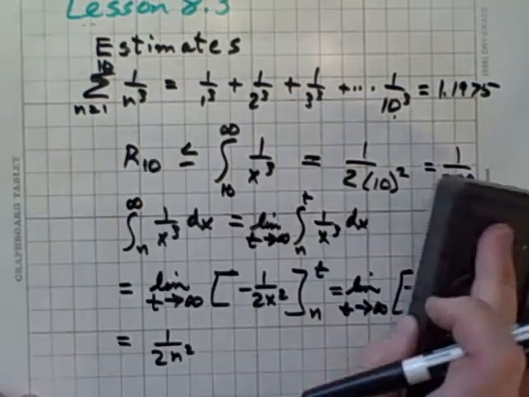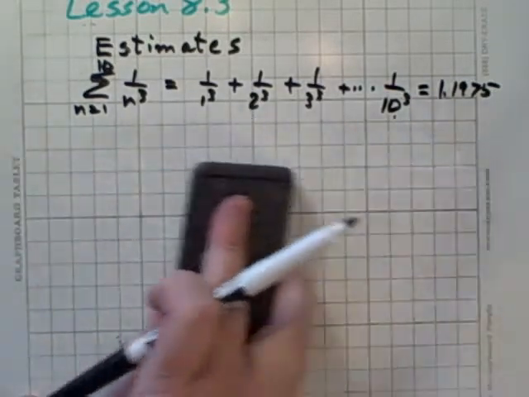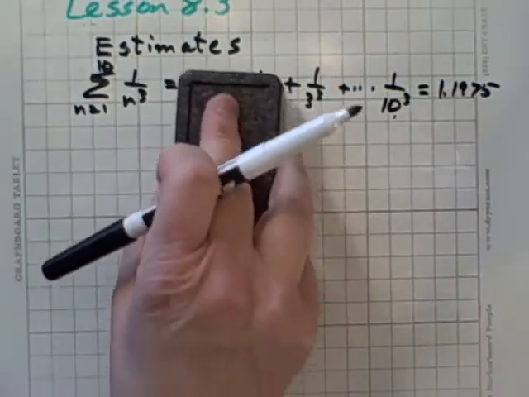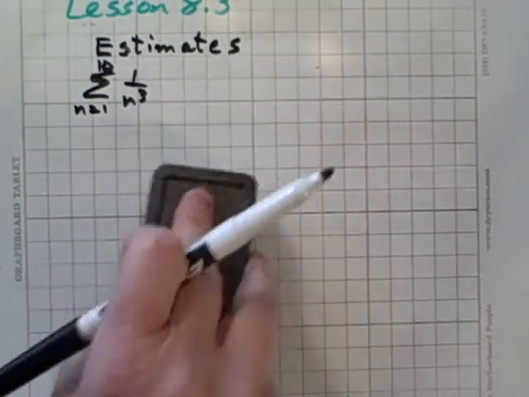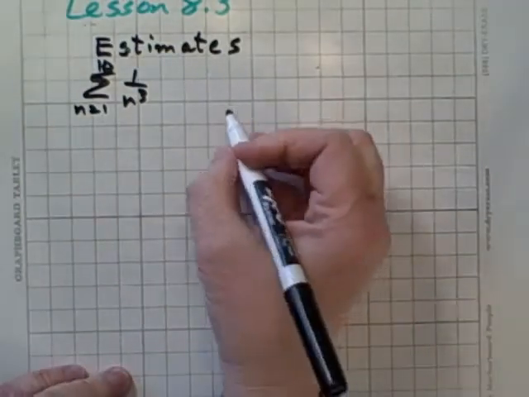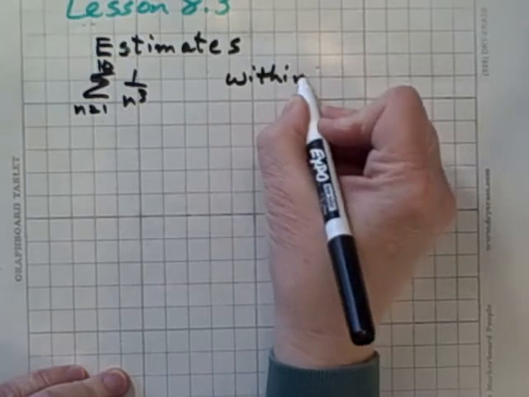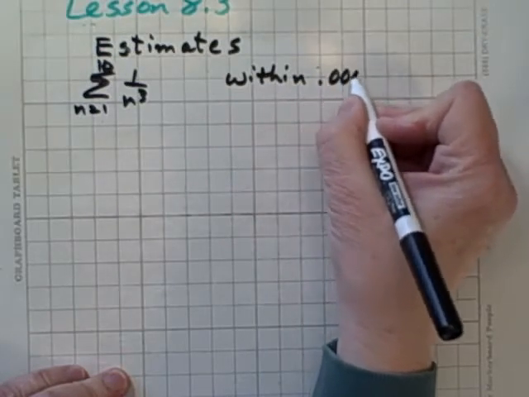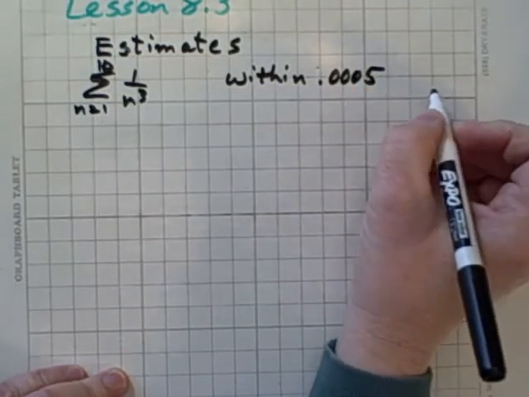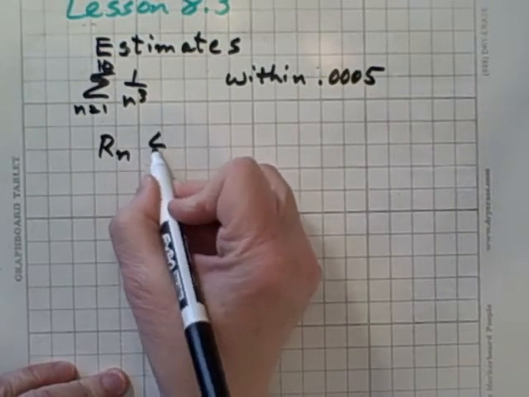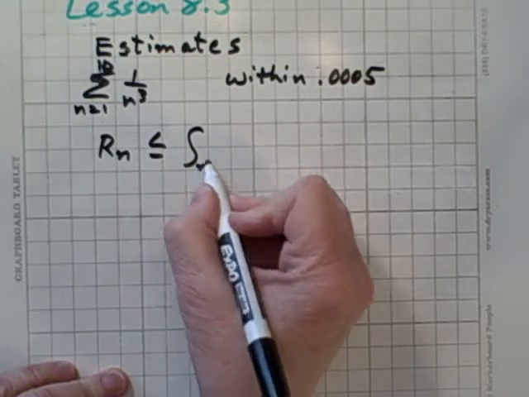The last piece of this is, suppose that an accuracy level is set. Suppose that for this particular series, we wanted to be accurate to within 0.0005. Again, the remainder estimate comes from the improper integral.